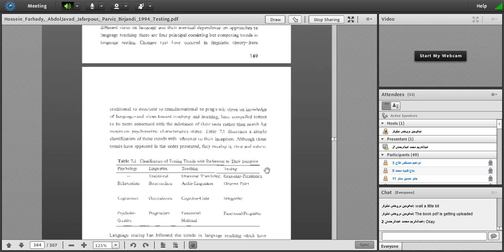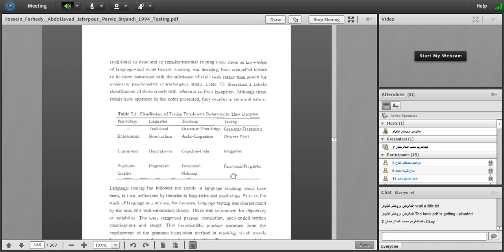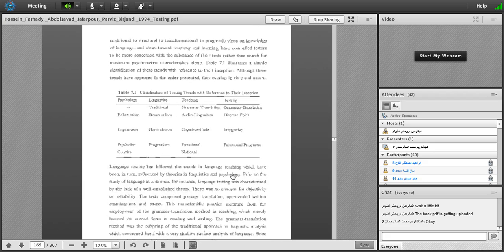If I go to the discrete point approach, in this approach, the language is defined not depending on only one language. It's not about one skill. It depends on a lot of skills, small items, the units, small items of the language.